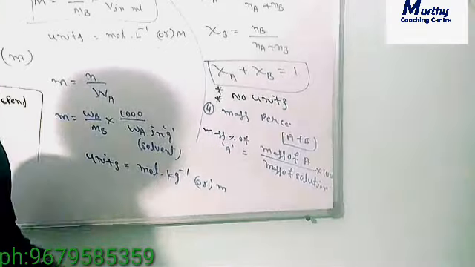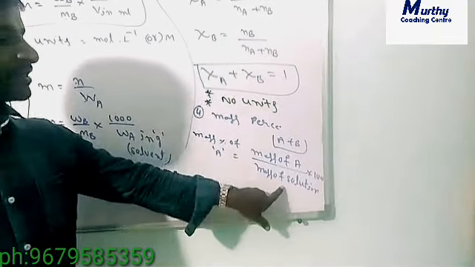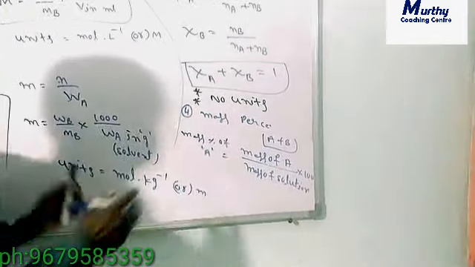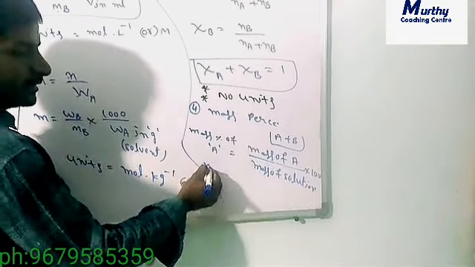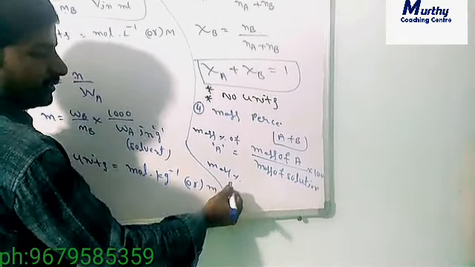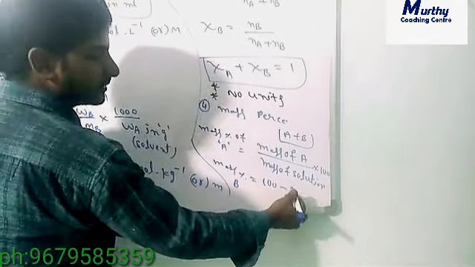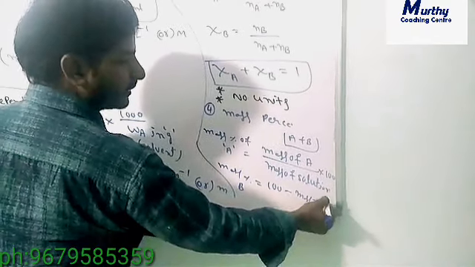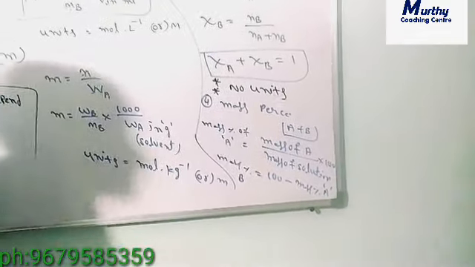If you want to calculate the mass percentage of B, it is mass of B by mass of solution into 100. Otherwise, mass percentage of B is 100 minus mass percentage of A.